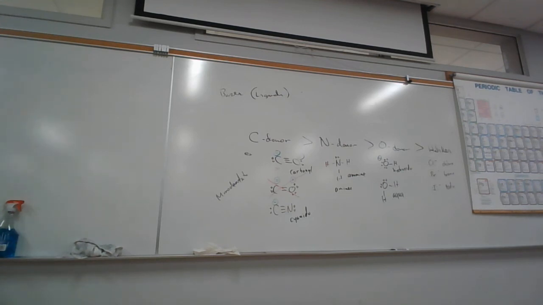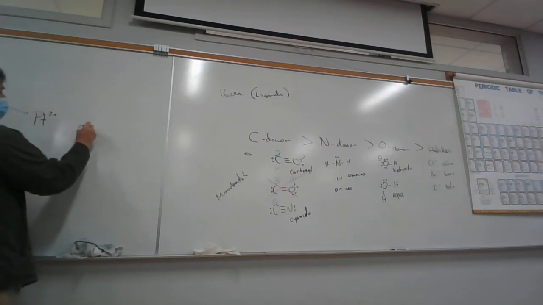And so let's take a look at something like platinum. Platinum 2+ is our Lewis acid. And if we have an ethylene diamine attack that, usually what we say is the base attacks the acid. So one of these binds there.